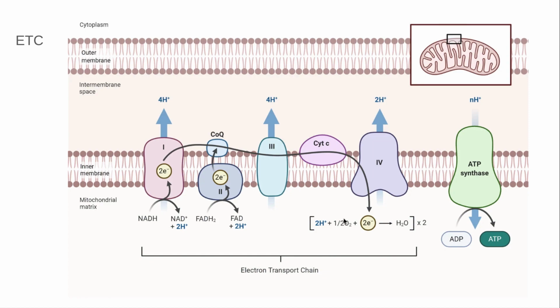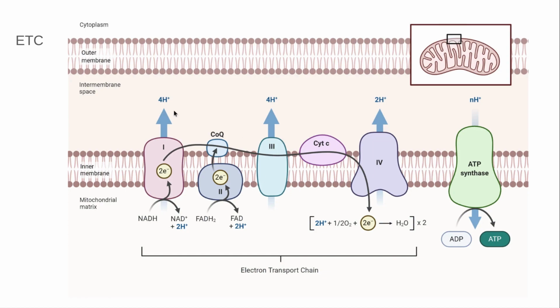The electrons were transferred because of the energy of NADH and FADH2, and together they join and form water. Okay, water is formed. So the final electron acceptor in this case is oxygen. Oxygen is the final electron acceptor.